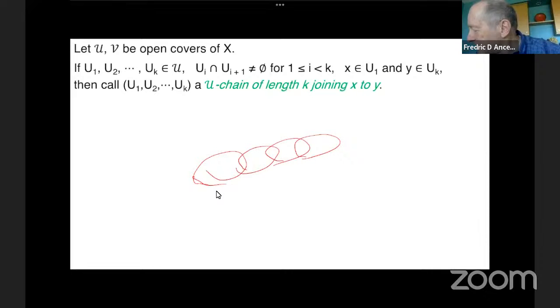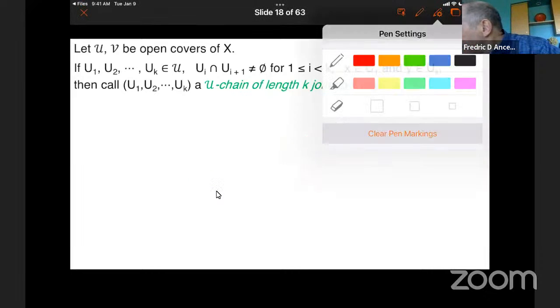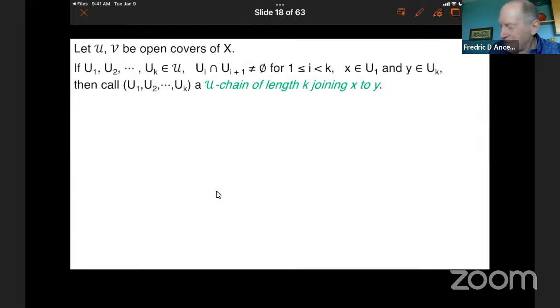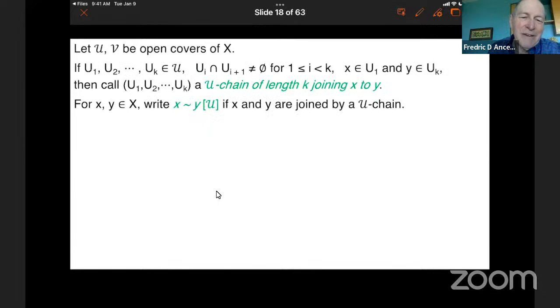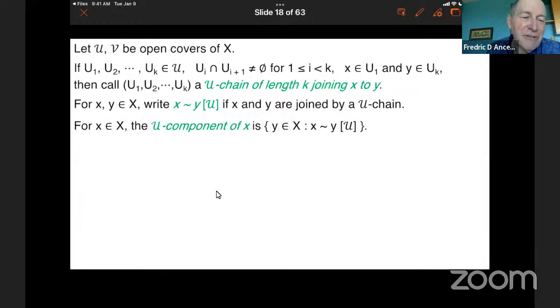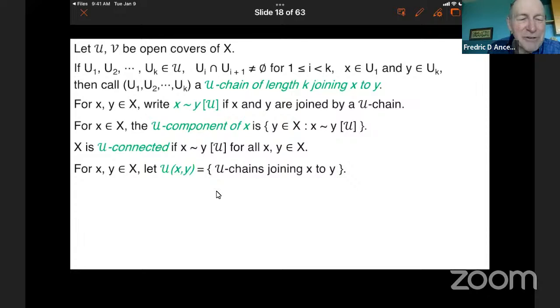And if two points are joined by a finite chain, I'll use this notation. And if I look at a point, everything that can be joined to it by a finite chain with respect to this cover U is called a U component. And the space is U connected if all points can be joined by chains. And I'll use this notation U of XY for the chains joining X to Y. It could be empty.